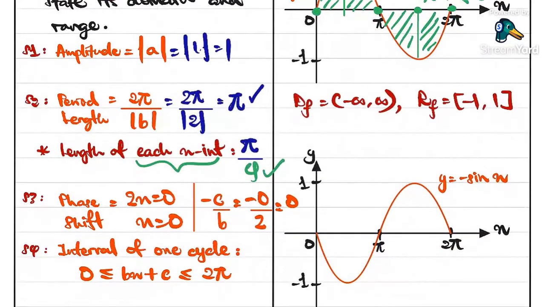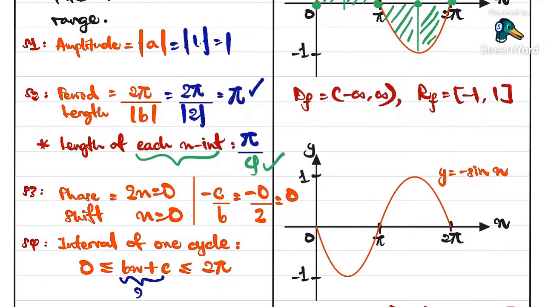Okay, and the last part here is the interval of one cycle. So you need to write down the formula like this. bx plus c means the linear. In this case, our linear is just 2x, where it is in between 0 and 2 pi inclusively. Originally one cycle is from 0 to 2 pi, isn't it?